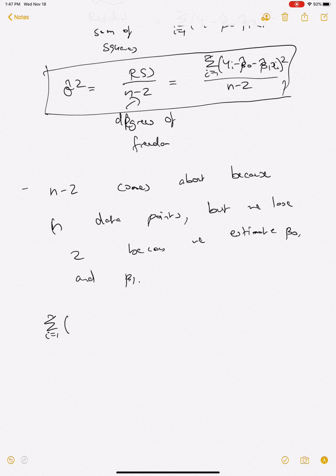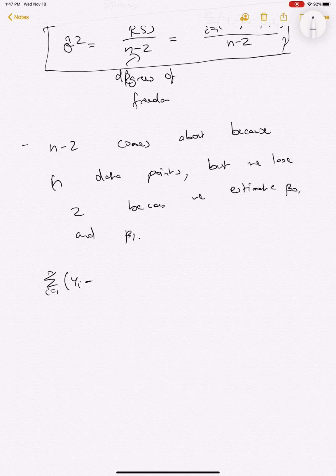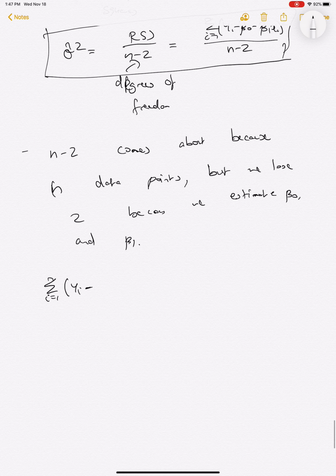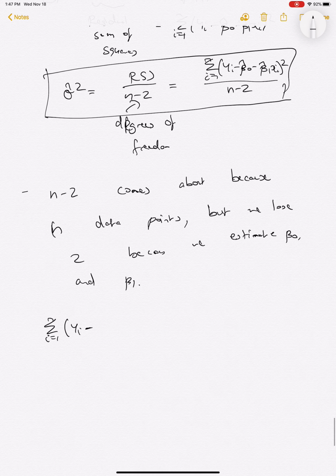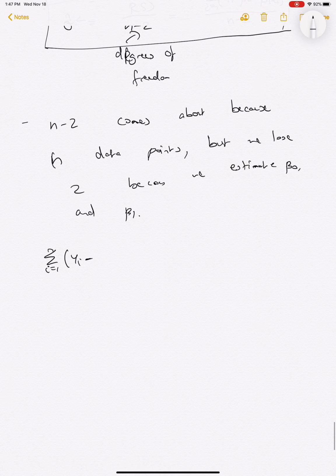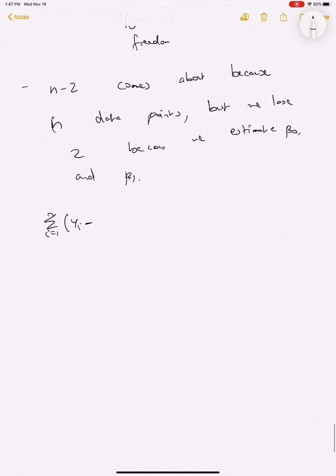If you looked at yi, if you wanted to expand it out, you can write out this expansion.